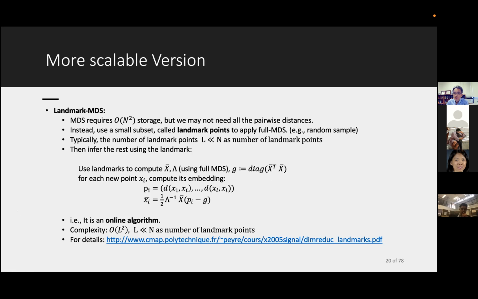It's just the distance between the new point for which you want to compute the embedding and the L landmarks in this case. Yeah. In this case, it actually should be the square distance. Oh, okay. So square distance is good. Actually, I usually like square distance. So that is fine.